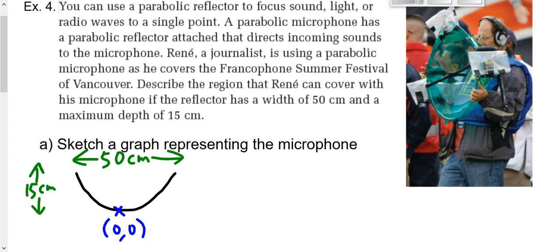Alright, so now let's label a few more points. If this is 0, 0, divide this into 25 and 25. In terms of the horizontal value, and if you look at the height, if this is 0, that means this is 15. So that means this point is 25 and 15.